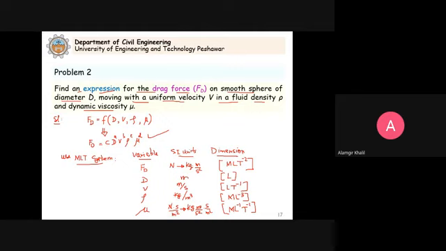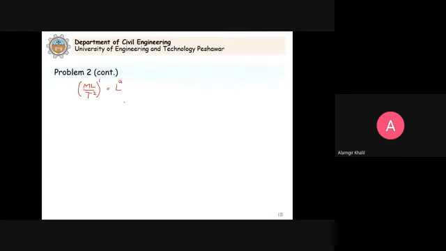Then we have v power b, so v is L into T to the power minus 1, and this is power b.